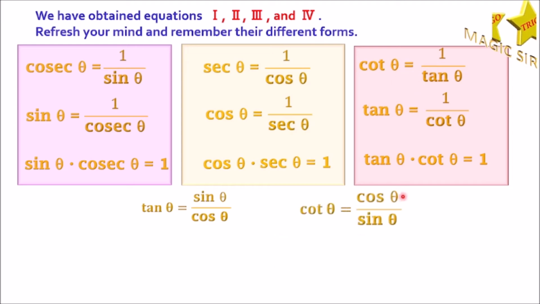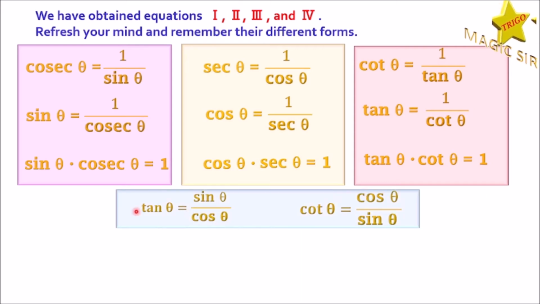So we can write cot theta equal to cos theta upon sin theta. Sin theta is in the denominator and cos theta is here. Please remember all these relations of trigonometric ratios.